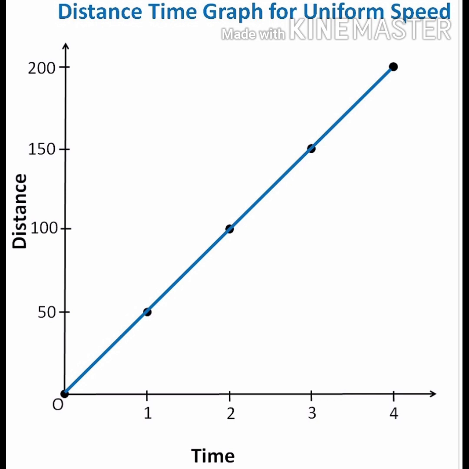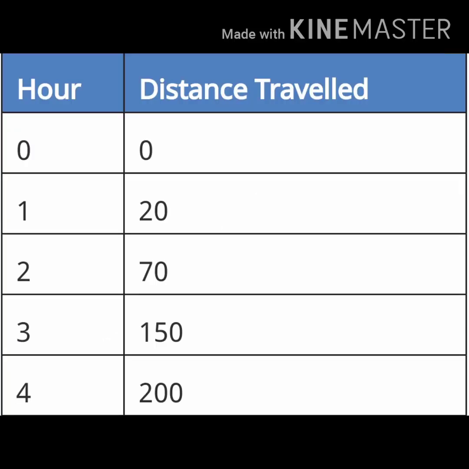Now come to the distance time graph for non-uniform motion. Again you see time on the left side and then distance is given. If you compare the time intervals and the distances, they are not uniform, it is irregular. So if you plot the diagram, you will have points against distance and time.